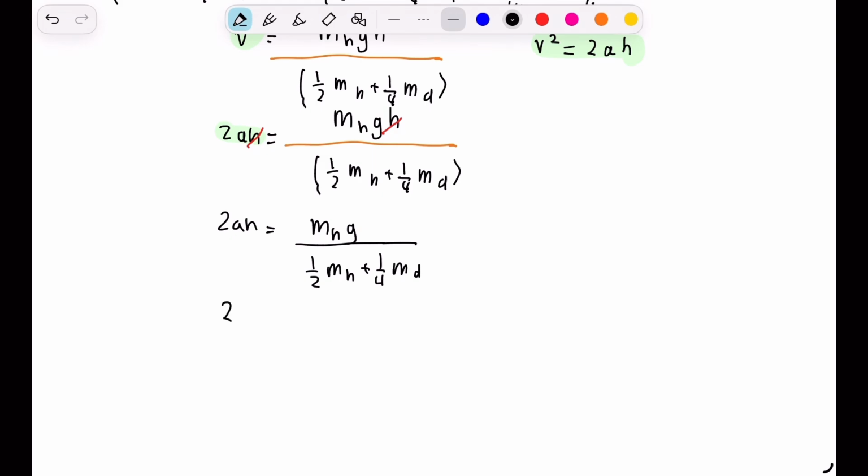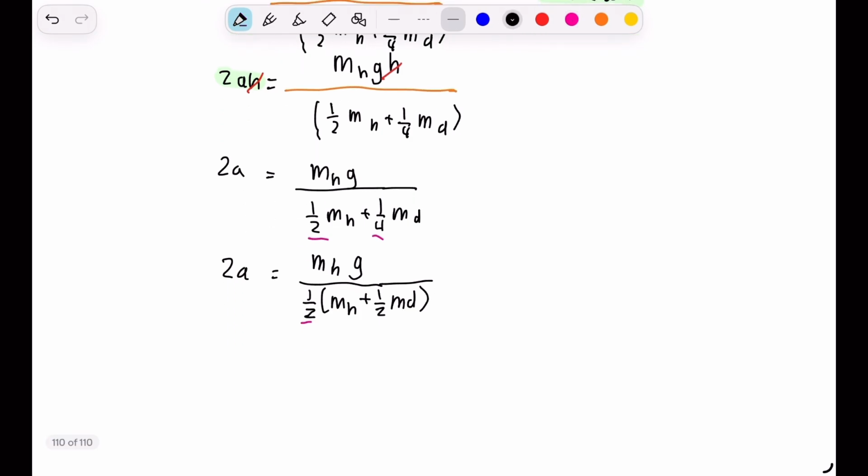So we have 2A is equal to mass hanging times g over 1/2 mass hanging plus 1/2 mass disk, which we basically just factored out 1/2 from our denominator.